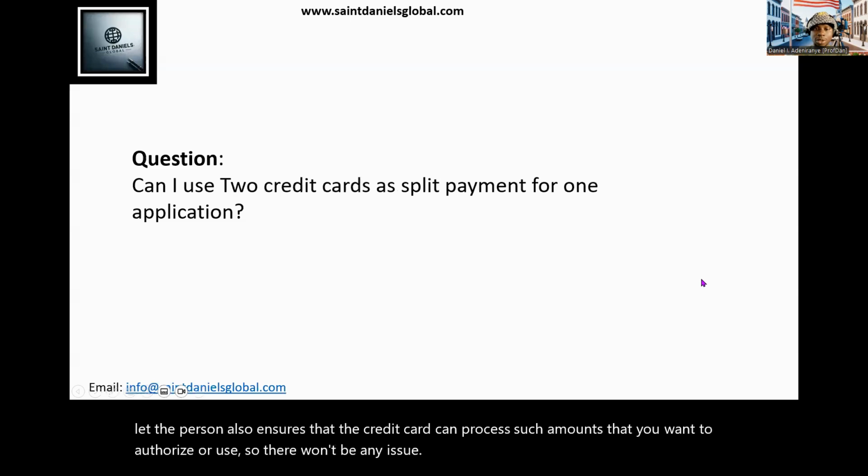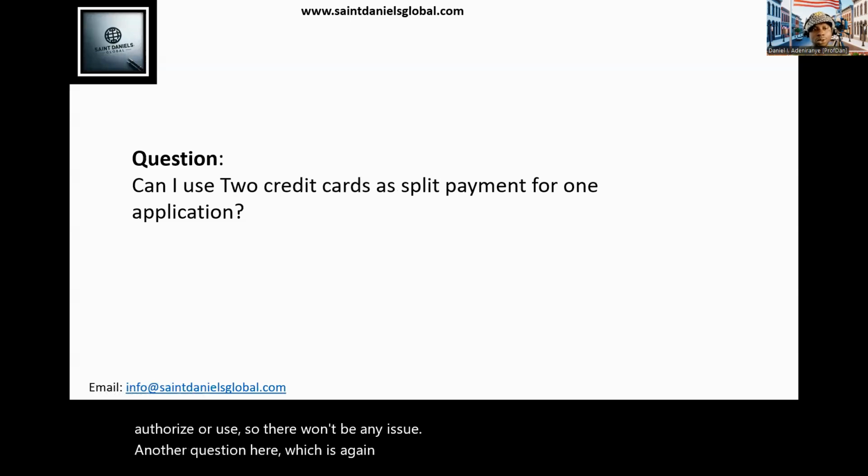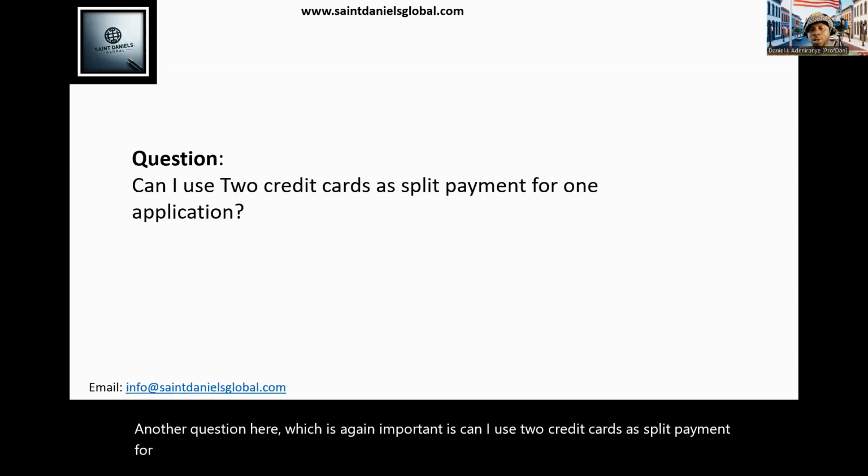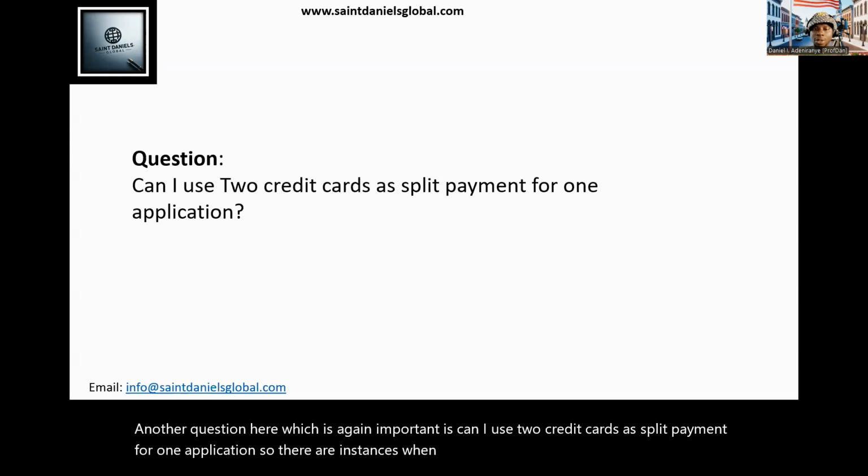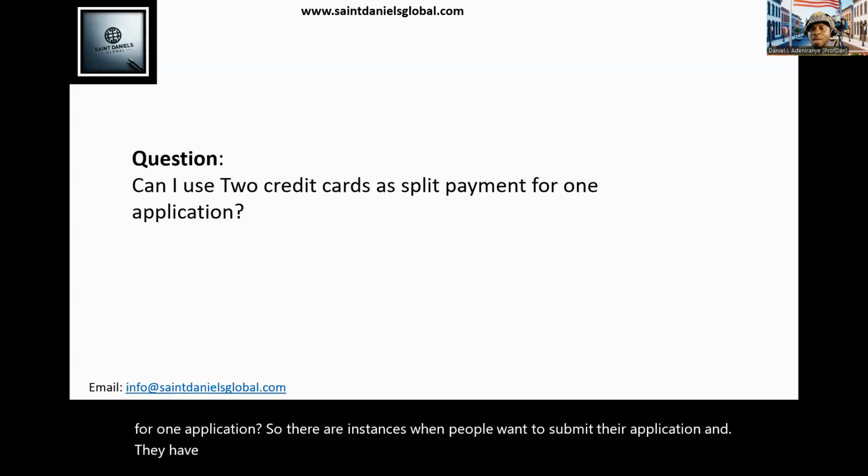Another question here, which is again important, is can I use two credit cards as split payment for one application? So there are instances when people want to submit their application and they have different credit cards they want to use. How can you do that?